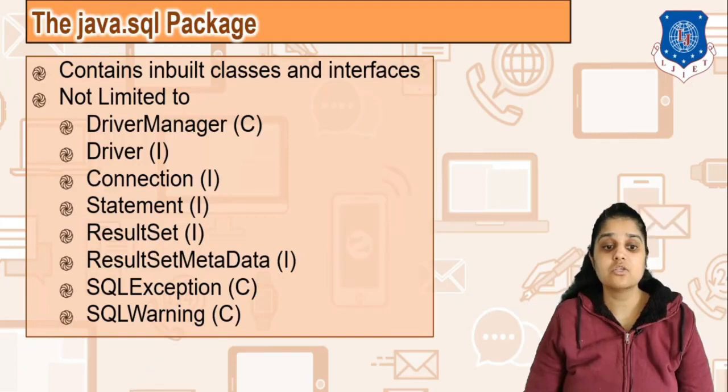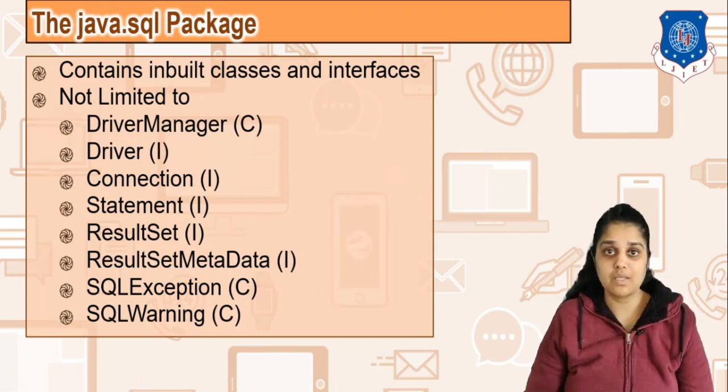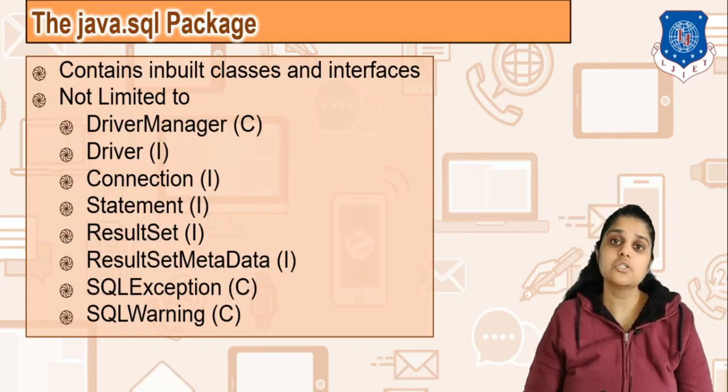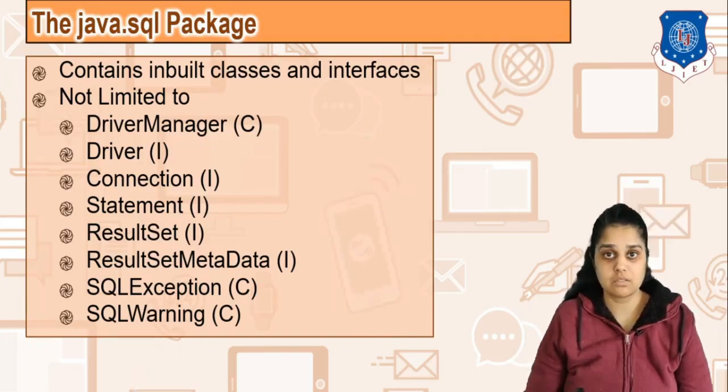The second is the Driver interface. This particular Driver interface takes care of the communication between the database and the Java application. Next is the Connection interface. The Connection interface takes care of communicating with the database. So here when you want your Java application to connect with the database, your Connection interface is going to come into help, where you will be able to connect with your database in order to insert, update and delete whatever.